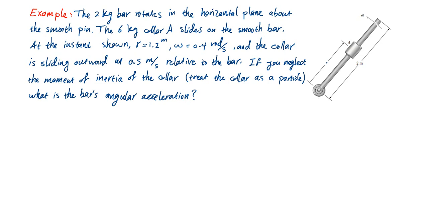We don't care how that mass is distributed, whereas with a rigid body, we do care about how that mass is distributed, and about the shape, the geometry of the rigid body, and that's how the whole story about mass moment of inertia came into play. So assume that this collar is just a particle, and we're asked to find the angular acceleration of this bar. We know omega at this moment, we want to find alpha.